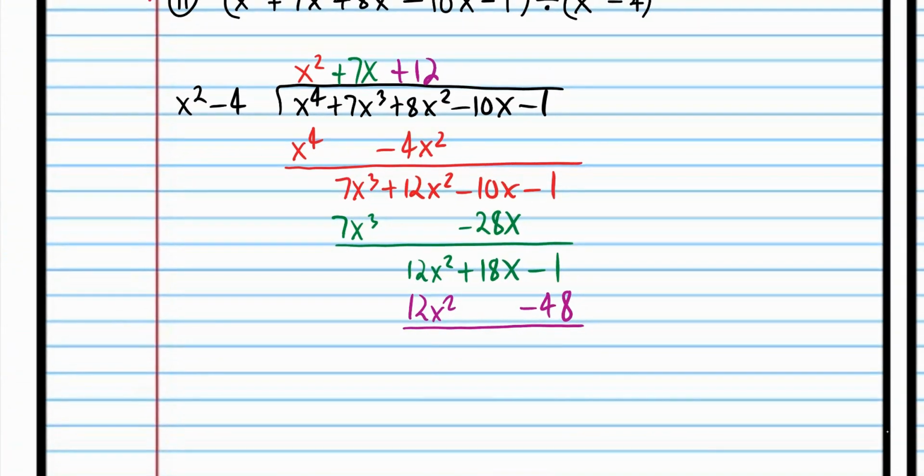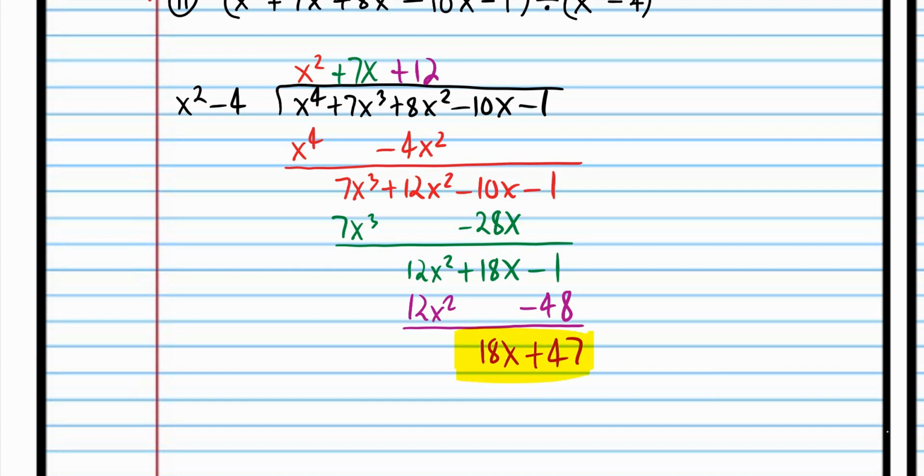So we subtract, and these obviously become 0. 18x minus nothing is 18x. Negative 1 minus negative 48 is positive 47. And then we move on to, well, actually we're done. Here's another feature of this problem that's different.